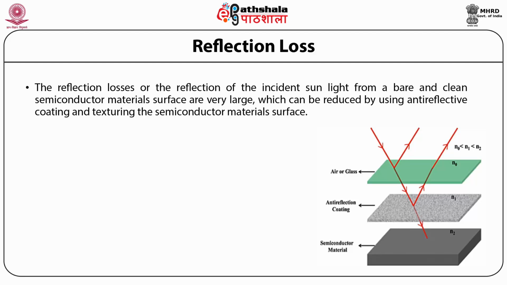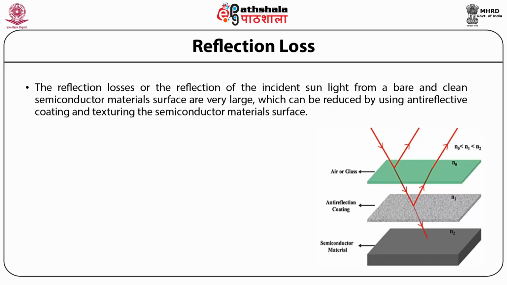Now let us consider three top layers of a PN junction solar cell as shown in the figure, that is, a film of a semiconductor material of refractive index n2, an anti-reflection coating or film of refractive index n1 and thickness d1, and finally a sheet of glass or air of refractive index n0, and the refractive indexes are in the range n0 < n1 < n2.